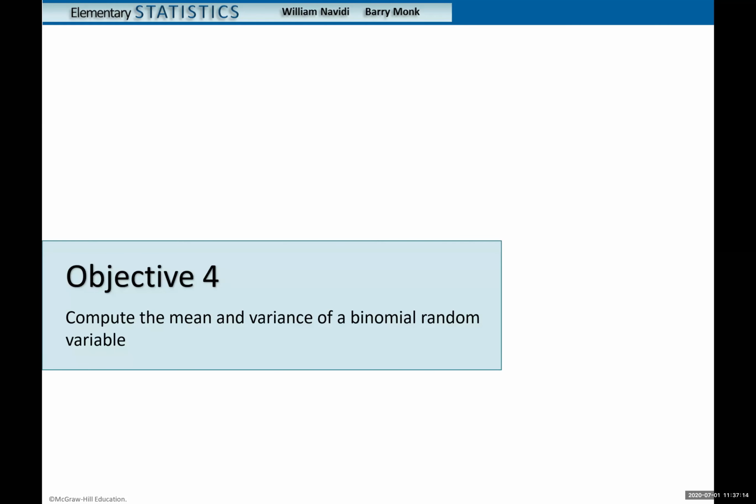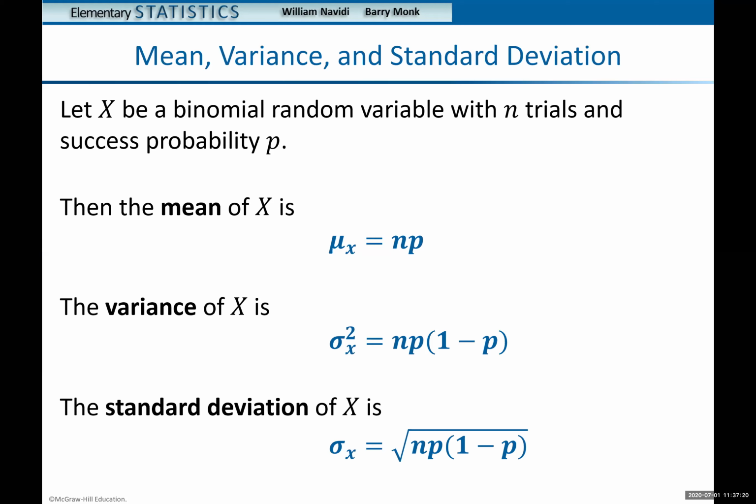And last one, compute the mean and the variance of a binomial random variable. And we have the formulas here. This time you need to have a copy of these formulas. The mean of x is always n times p.